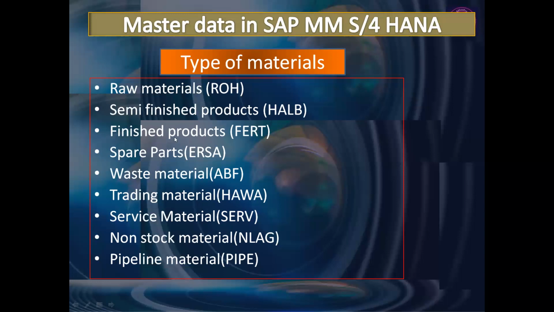Then, finished product. What is a finished product? The finished product is a product which is ready to use, like whatever products we consume at our home. We eat foods, biscuits, so many products. Whatever final product we consume, or the customer consumes, is our finished product. In the example of the tire, who uses the tire at the end?